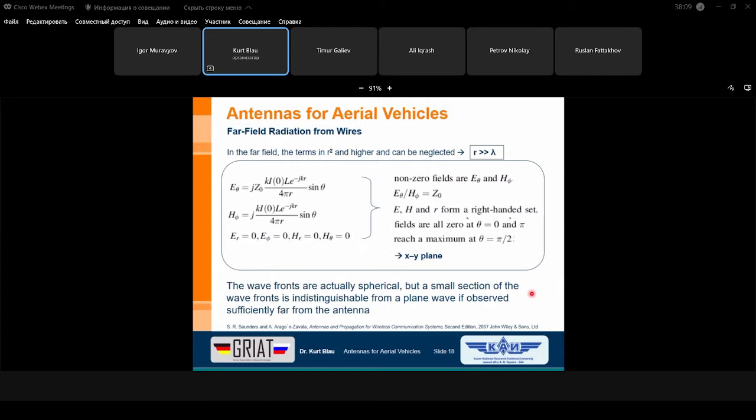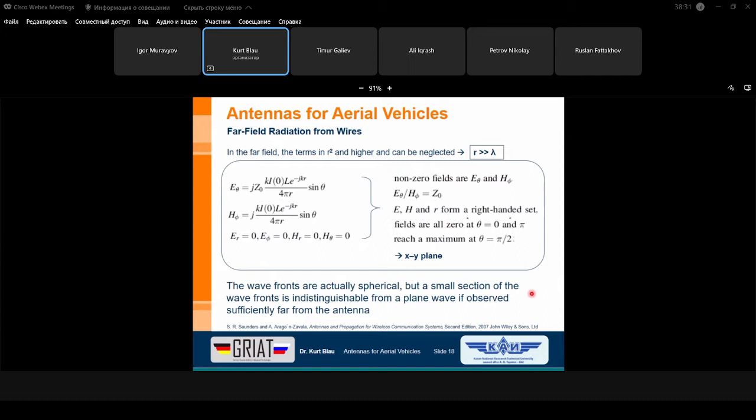That means we want to illuminate the free space with a certain shape. It's the same if you have a lamp, for instance, and you want to illuminate a very small circular area with a high brightness.